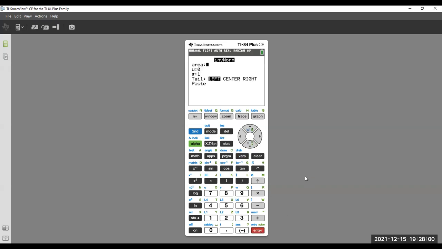Inverse normal. Area. I'm going to be building the 95% confidence interval. So that means there's half of 5% on either side, but 0.95 right in the middle. The mean. Let me come back here for a second. Okay, there we go.